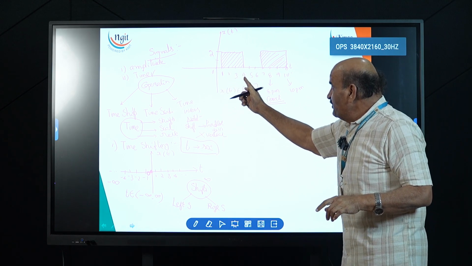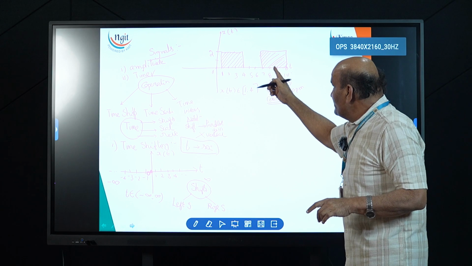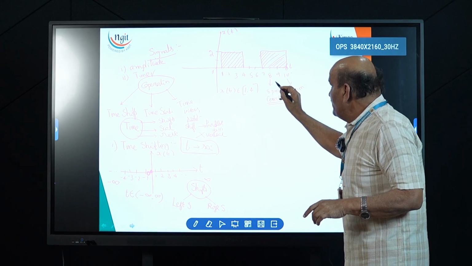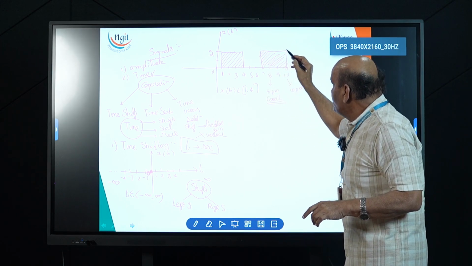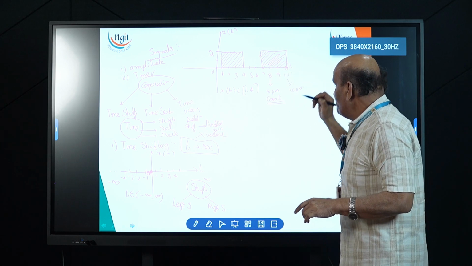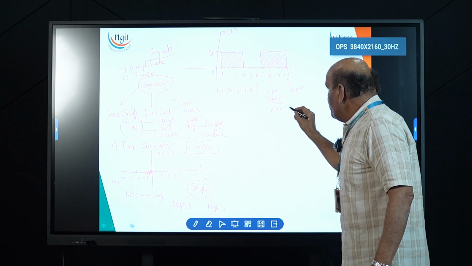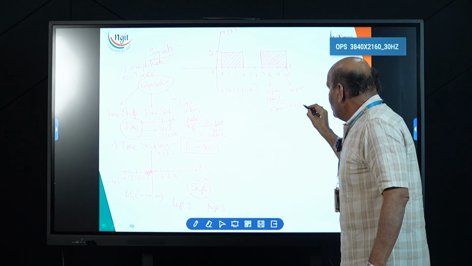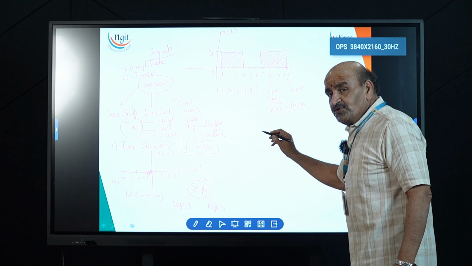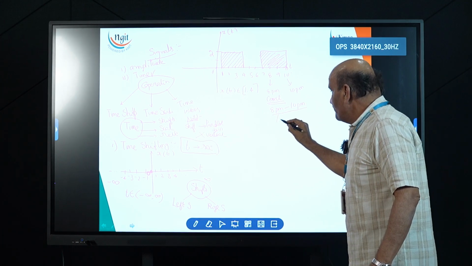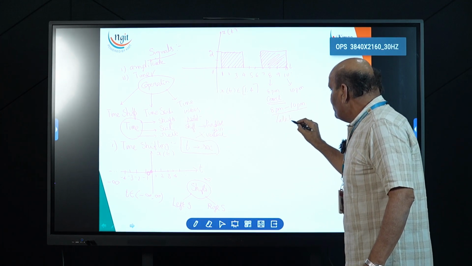It has to start at Secunderabad and reach Bangalore at 8 p.m. But because of some problems, it reached at 10 p.m. The actual time is 8 p.m. It reached at 10 p.m. That means what word do we use? Late, or delay. The train is late by how many hours?